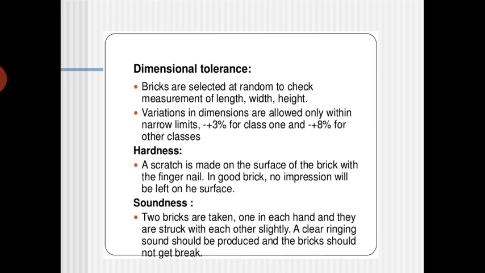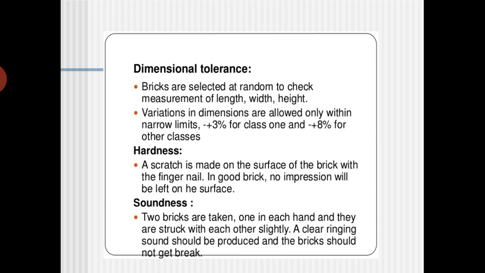Then the hardness property: a scratch is made on the surface of the brick with the fingernail. In a good brick, no impression will be left on the surface. This is very important. How are we going to test the hardness of the bricks?